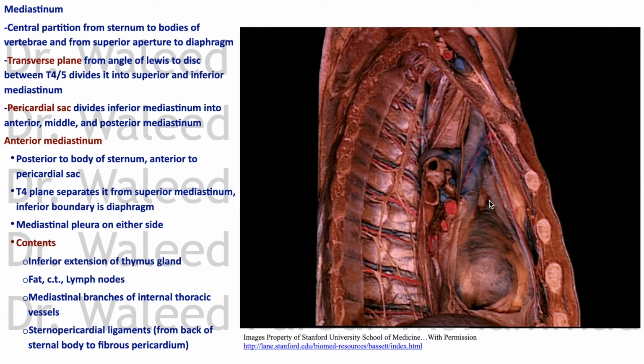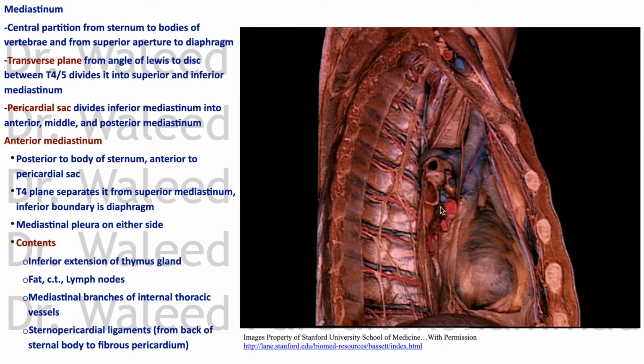So it further subdivides the inferior mediastinum into anterior mediastinum, middle mediastinum, which is the heart itself and the pericardial sac, and posterior mediastinum, which is behind the pericardial sac.